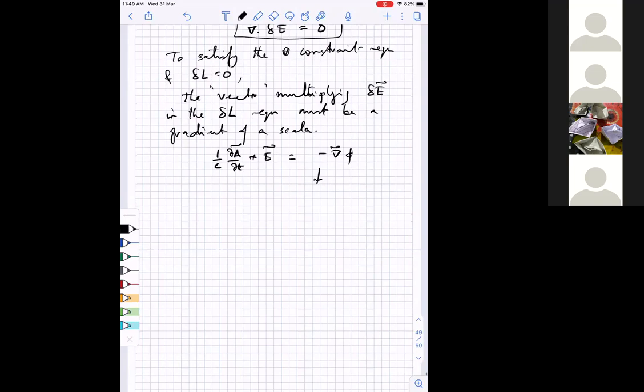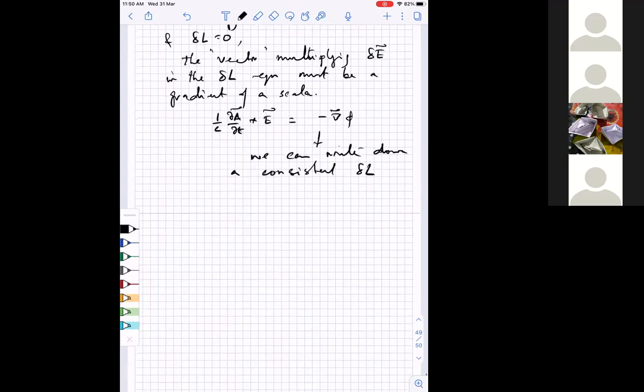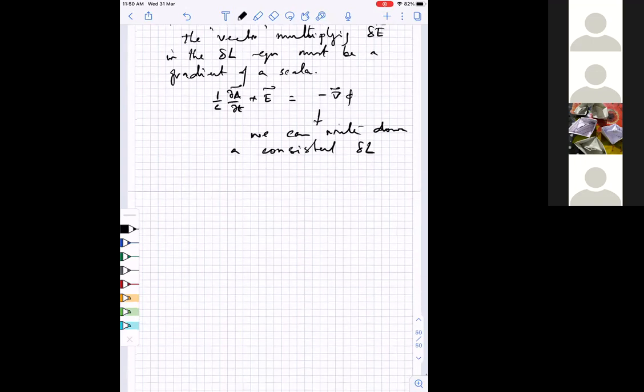So if this happens, then we can go back and write down a consistent delta L. I'm skipping one or two lines in between, it's very simple.